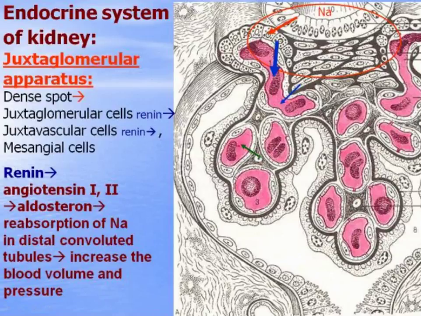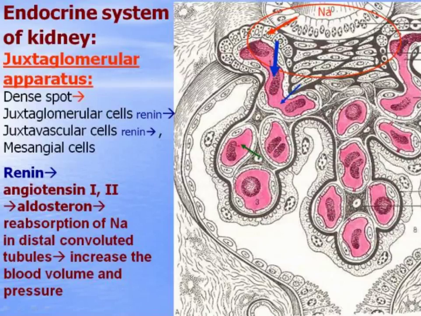This apparatus can increase blood pressure in the capillary of the glomerulus, which is necessary for filtration. For filtration, the blood pressure in blood capillaries of the glomerulus should be more than 50 millimeters of mercury.